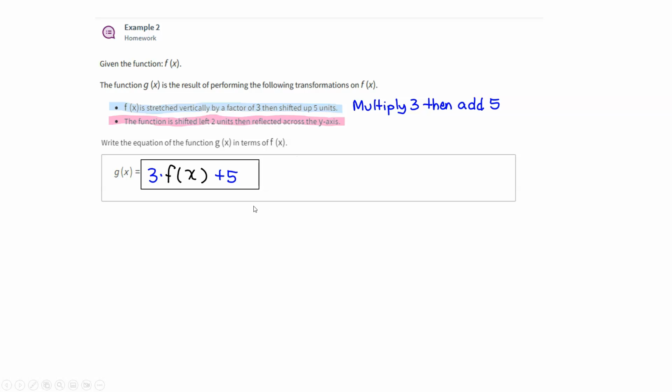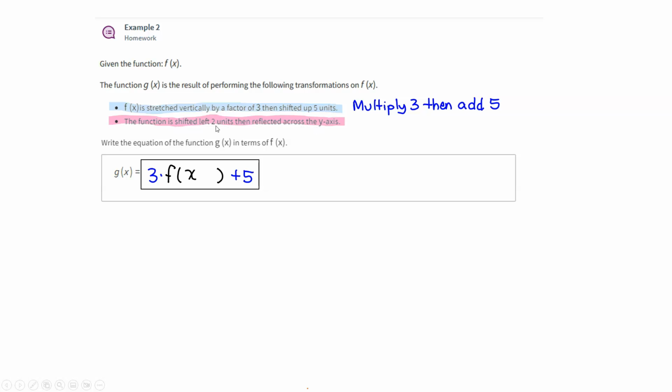However, inside the parentheses, which is where the horizontal transformations will occur, you have to do everything in reverse. And so here you're doing the shifting left, which is usually going to be a subtraction of 2, and then you're reflecting across the y-axis, which is going to be typically a multiplication of -1.